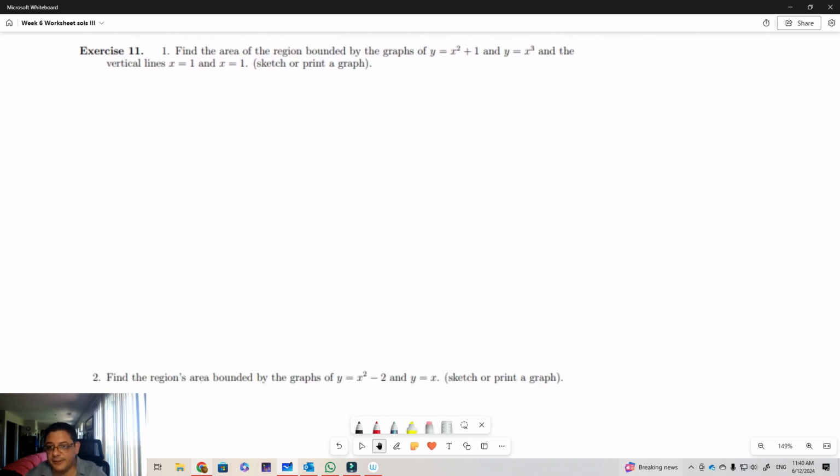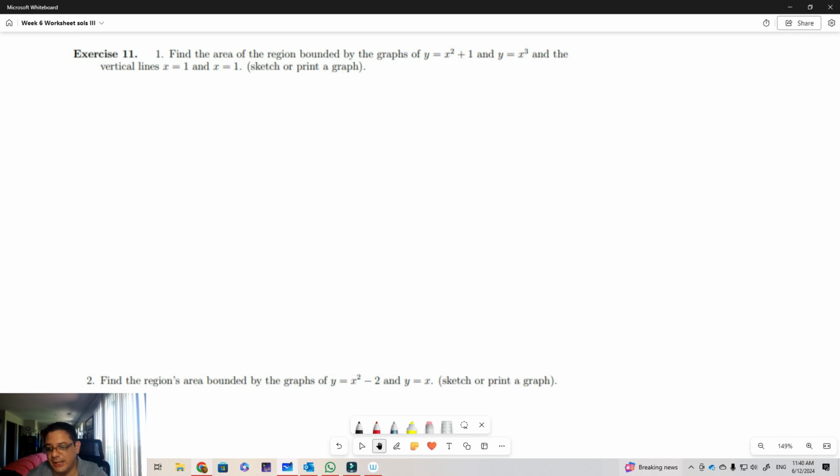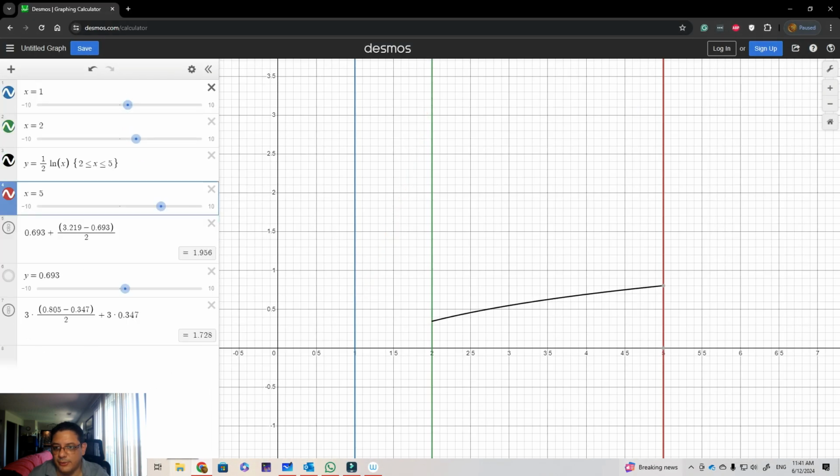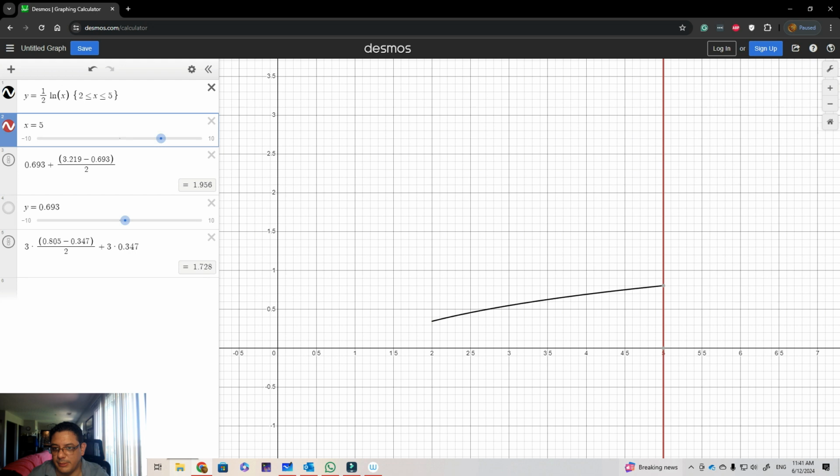Now for exercise 11, we are checking on areas. So first we want to find the area bounded by the graph of y equals x squared plus 1 and y equals x cubed, and the vertical lines x equals 1 and x equals probably minus 1. It has two 1s, but that's probably a mistake.